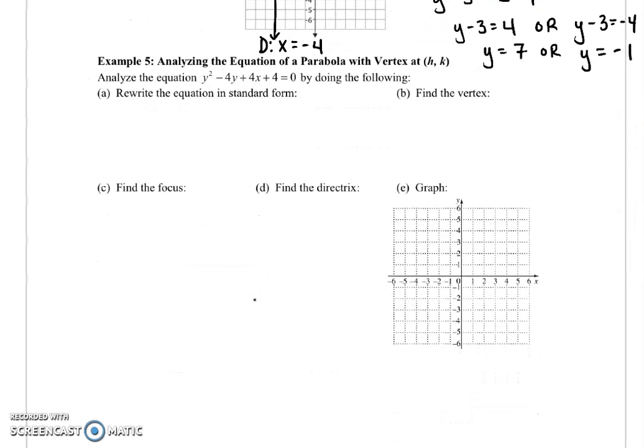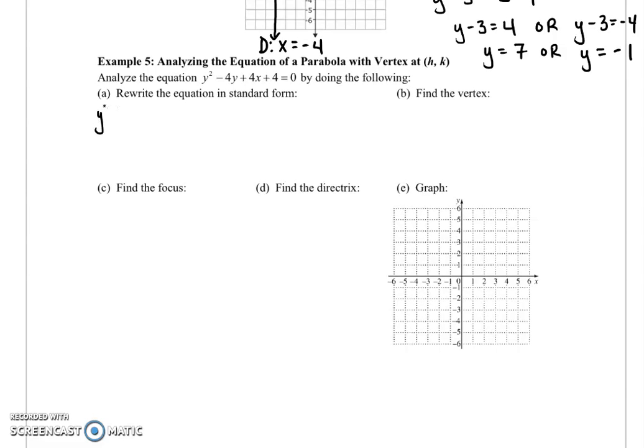This time, they've given us the equation of a parabola, and it says y squared minus 4y plus 4x plus 4 equals 0. So before we can graph this, we need to get it in one of the standard forms that we know. So the first thing we're going to do is rewrite it.